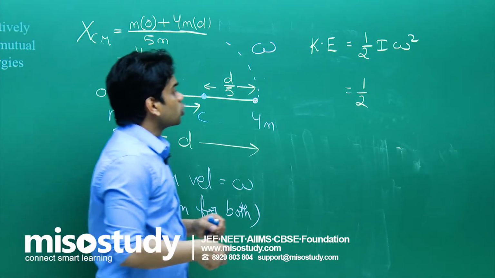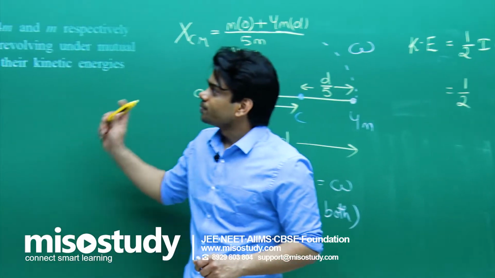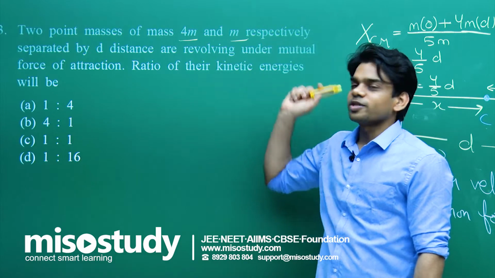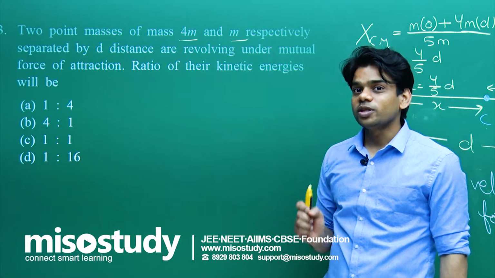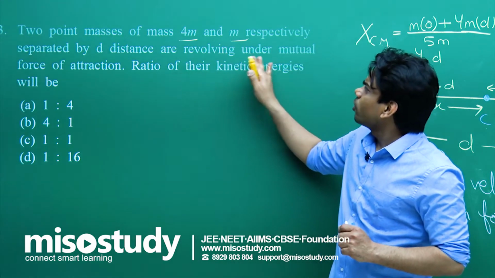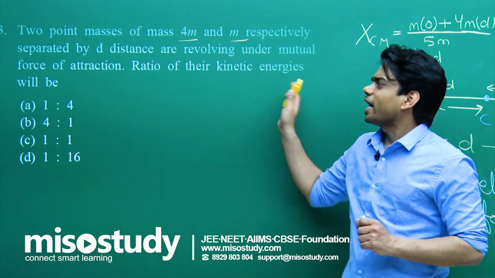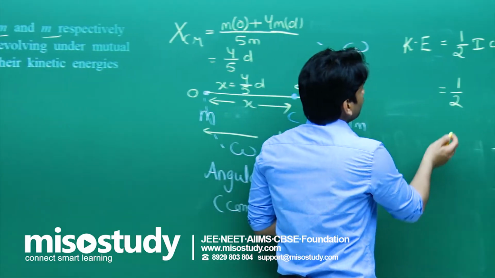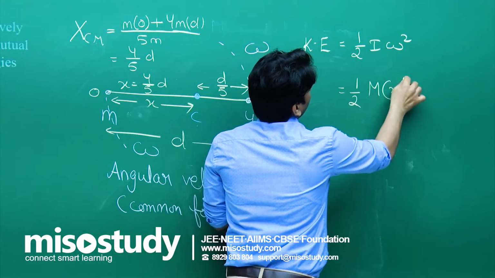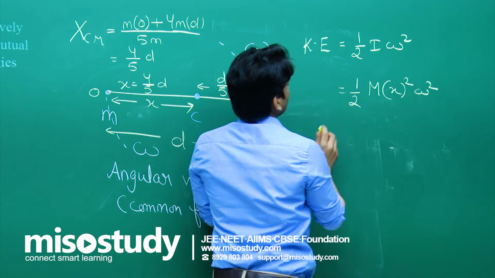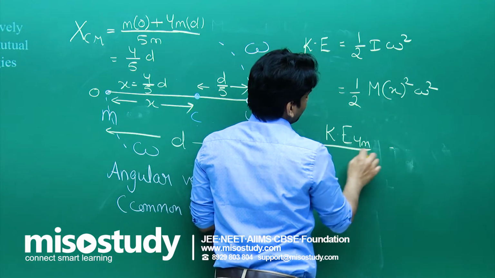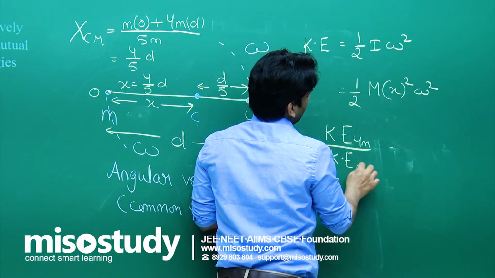Omega is the same. So if I take the ratio of kinetic energy, now you see two bodies, 2 point masses of mass 4m and m respectively, separated by distance d, are revolving under mutual force of attraction. The ratio of the kinetic energies will be, so first we have to write down the kinetic energy of mass 4m. Let me keep this as m into distance whole square into omega square. Now we need to evaluate kinetic energy of 4m divided by kinetic energy of m.